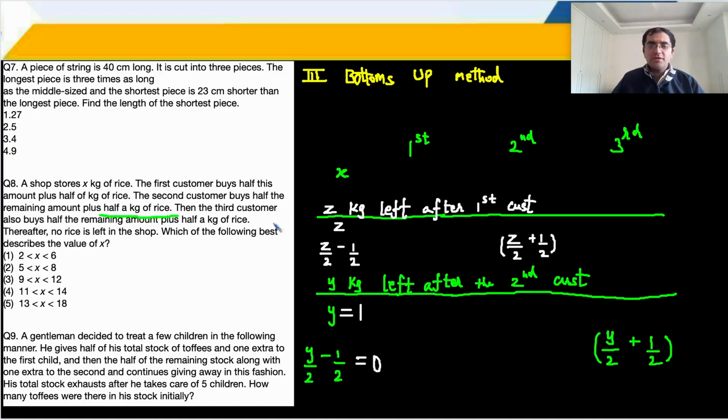And after giving, so Z kg was left after the first customer, उसके बाद आपने दिया second customer को, ये आपका बच गया. This is the value that is left after giving to second customer, and after giving to second customer, what is left? By definition, y kg is left, and y is equal to 1. We have already calculated that. And again the same operation is taking place, plus half into 2, right?